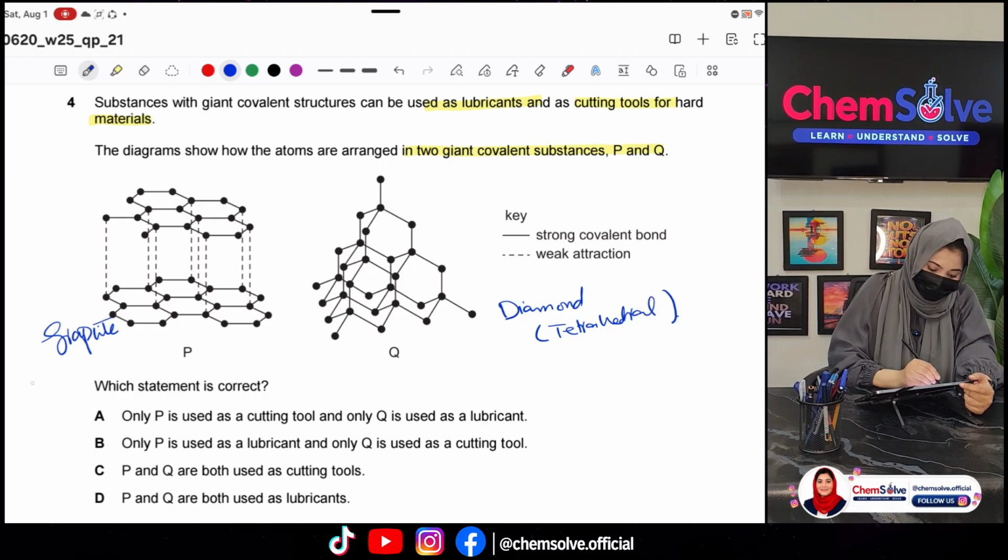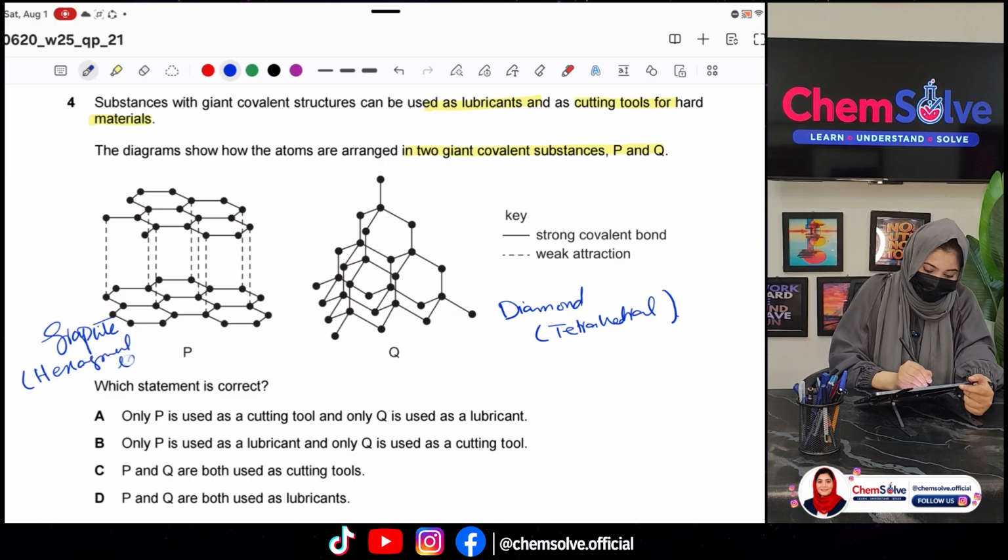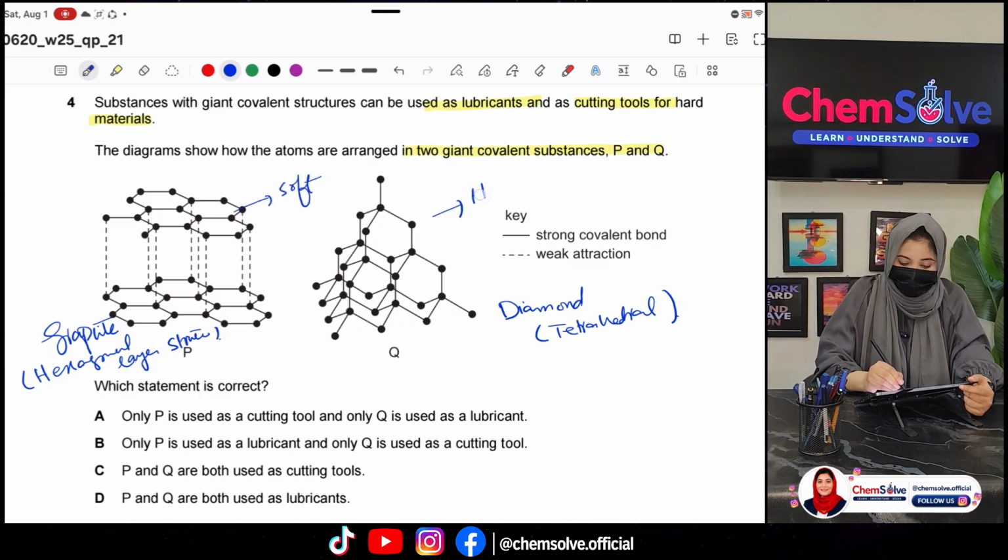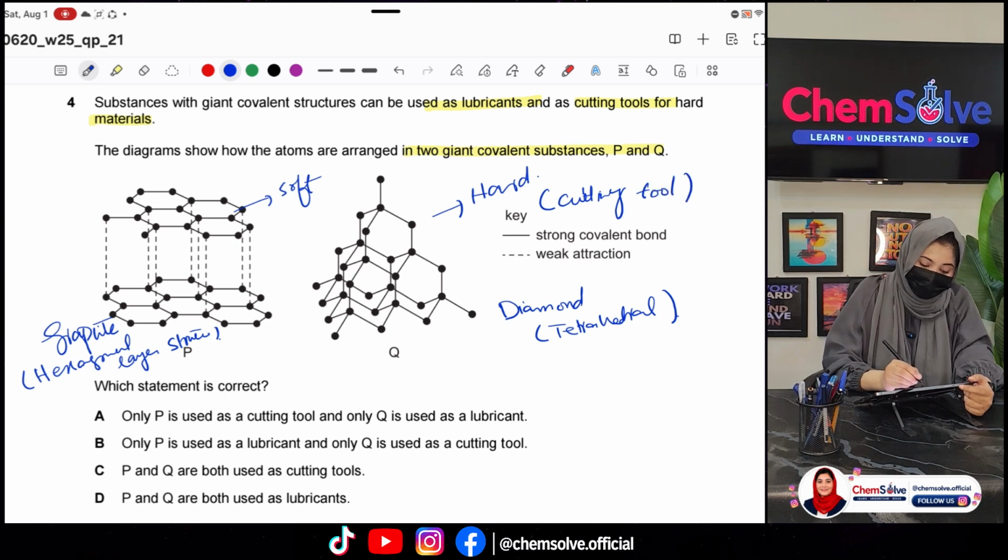And this is a hexagonal layer structure. This is soft and this is hard. And as it is hard, it is used as a cutting tool. While it is soft, it is used as a lubricant.